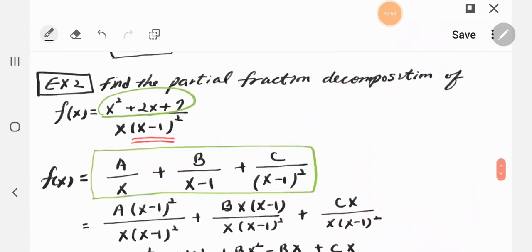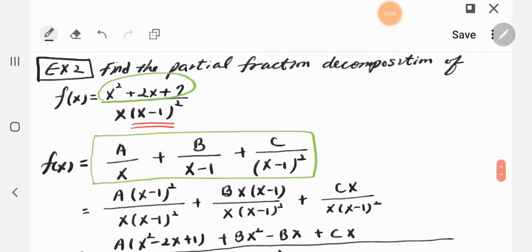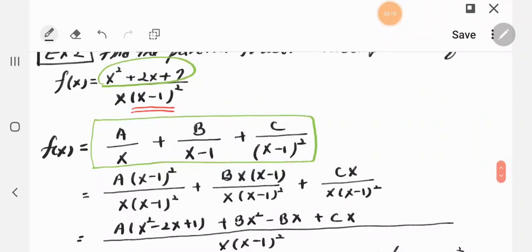Okay, so what we do is factor the denominator and then separate each factor in the denominator. If a factor is repeated, it has power 2 or 3, then we will have multiple fractions using the same factor.